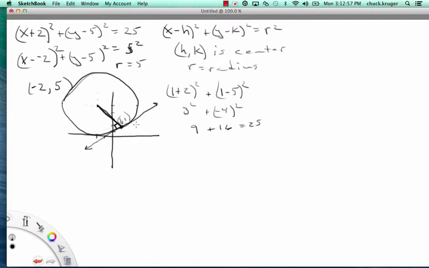Since it's a line, I need two things. I need a point, which I have, (1, 1), and I need a slope, which I don't have, because then I can use my point-slope form, which looks like this: y = m(x − x1) + y1. That's my point-slope form.